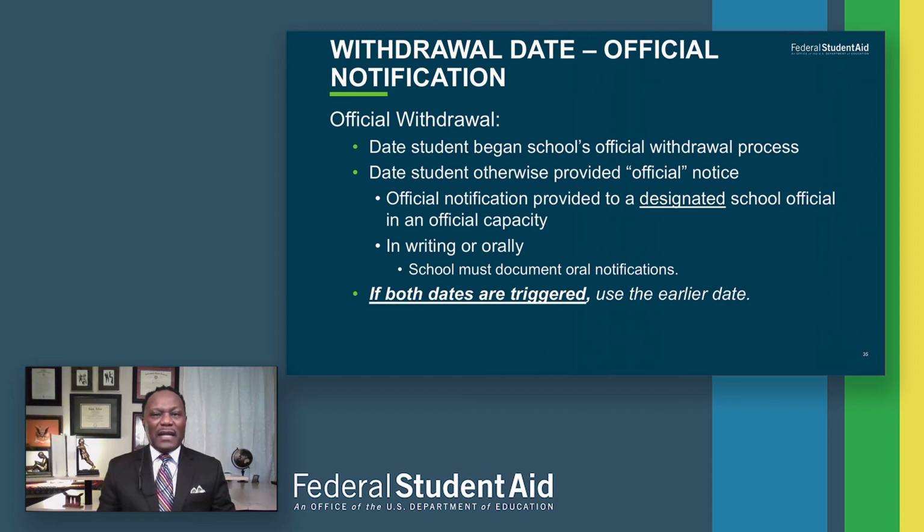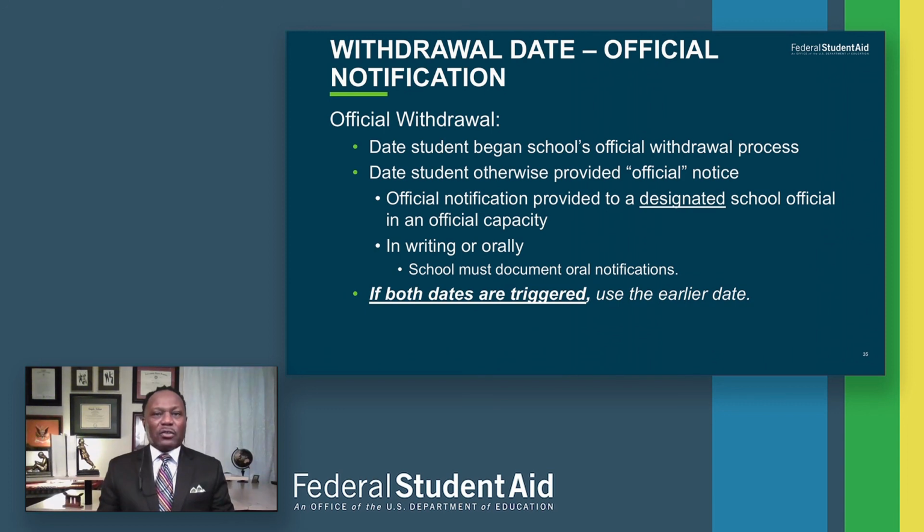There is also what we indicate as a student otherwise provides official notification of withdrawal. This is when the student does not necessarily go through the school's official process, but instead provides notice to a designated school official that he or she will withdraw. This can be done either in writing or orally.